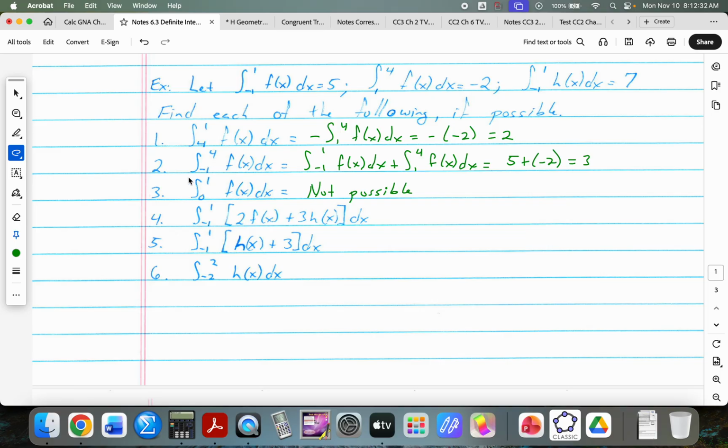All right, so for this one, the integral from -1 to 1 of 2 times f of x plus 3 times h of x, all dx. Well, that would be the integral from -1 to 1 of, I'm going to pull the 2 out in front, 2 times f of x dx plus 3 times the integral from -1 to 1 of h of x dx.